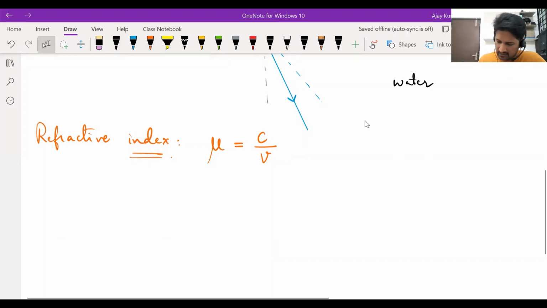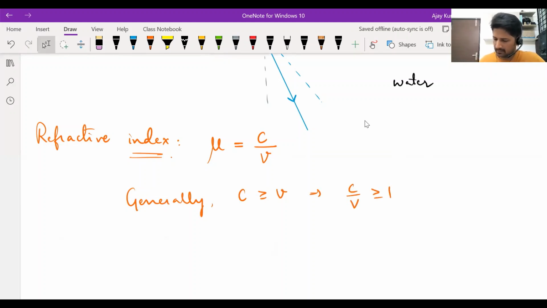Therefore, generally, c is greater than or equal to v. That means c by v will be greater than or equal to 1. Therefore, the refractive index of a medium will always be greater than or equal to 1. It will never be less than 1.